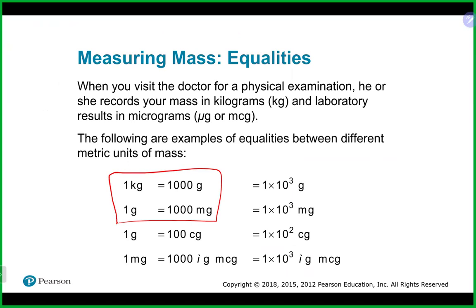Not too much centigrams in most cases. The balance that you use to weigh out mass usually gives it to you in grams, and sometimes we measure things in milligrams. In medicine they sometimes use kilograms a lot when they weigh people and record things like that as well.